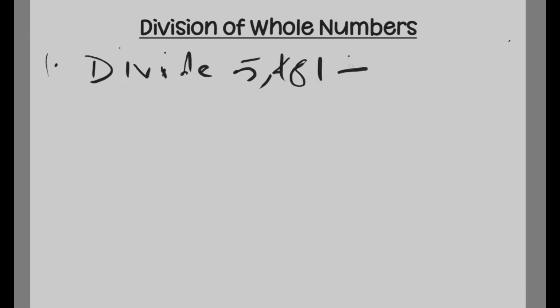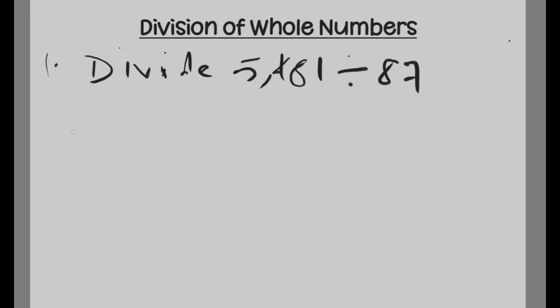So we have example one, which says divide. See here in ACT, it says divide 5,481 divided by 87.